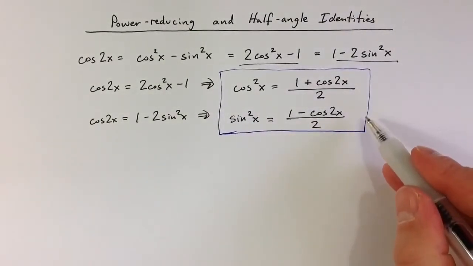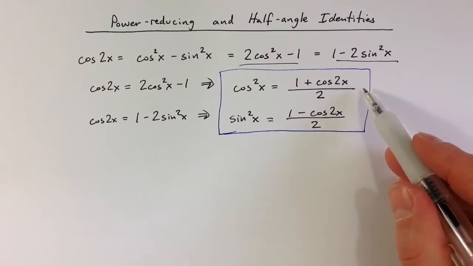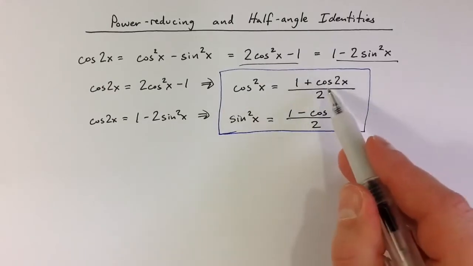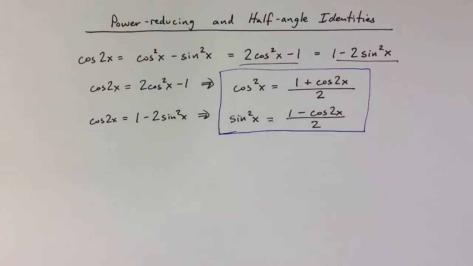So these are called the power-reducing identities because they reduce the power of sine squared and cosine squared to just a linear expression in terms of cosine of 2x.